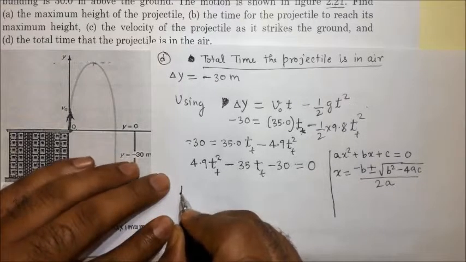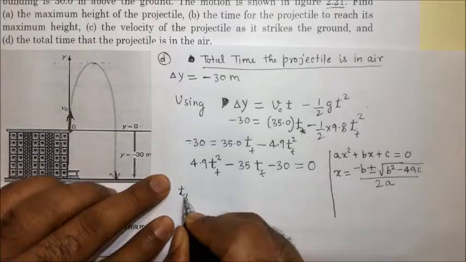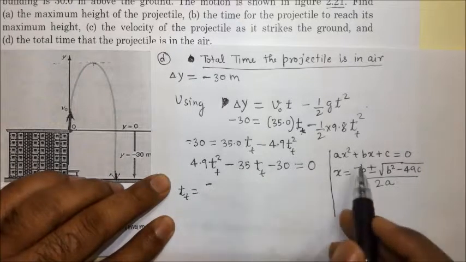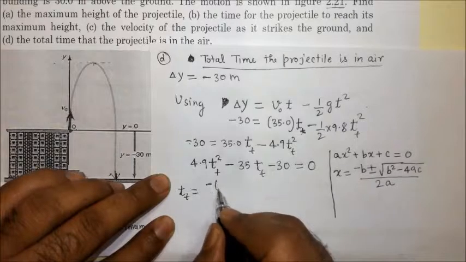So the solution is t suffix t is equal to minus b, what is b here?